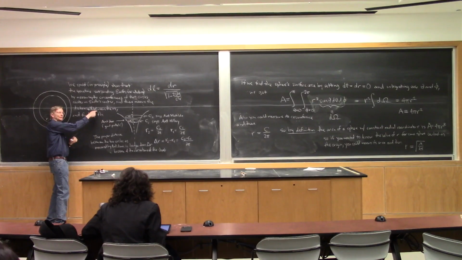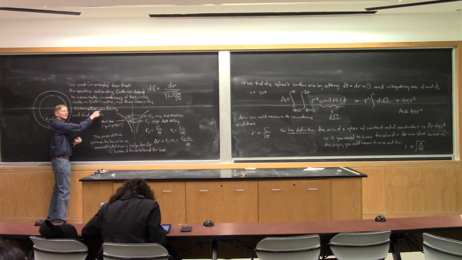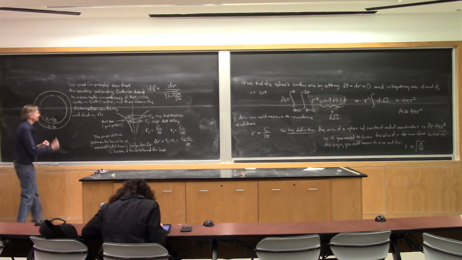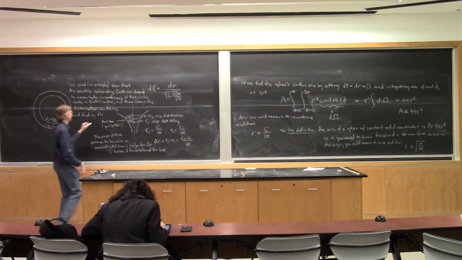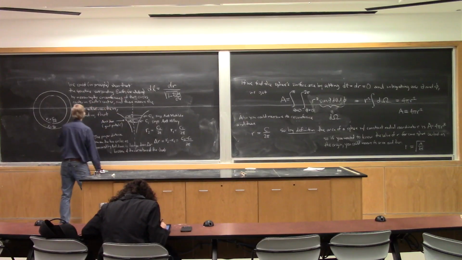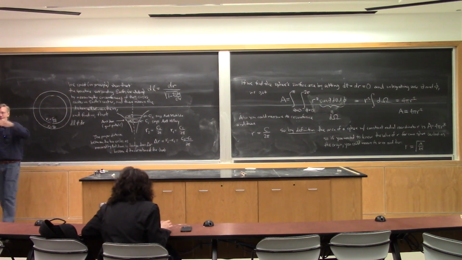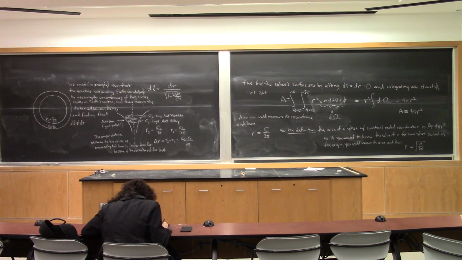I'm preempting your question, Kathleen, because I wrote it not very legibly. And finding that dl isn't dr. It's not the change in the radii that we calculate, well, the radial coordinate, I should not say radius, the change in the radial coordinate we find by measuring their circumferences.